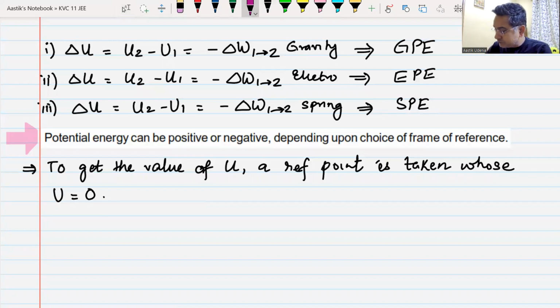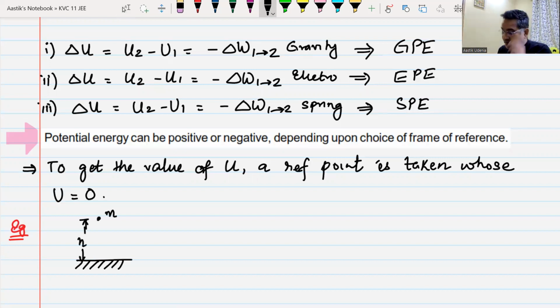Example, if this is ground, and I take the gravitational potential energy of ground as 0, so my ground becomes my reference point.